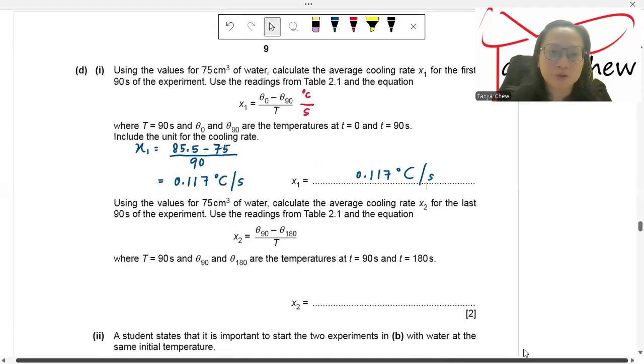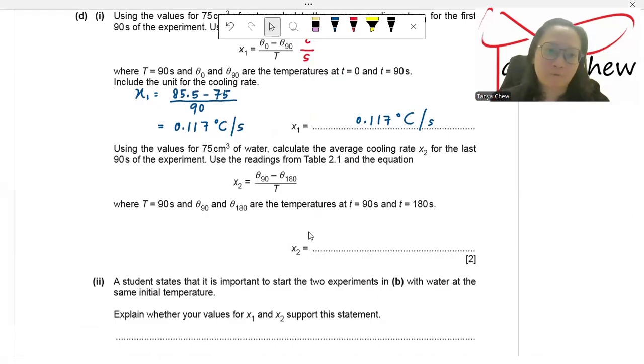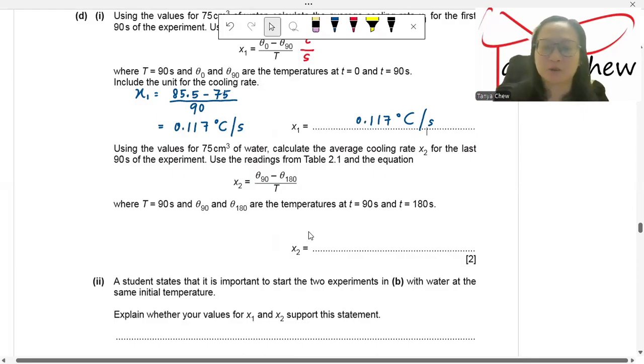Now, using the values for 75 cm cube of water, calculate the average cooling rate, X2, for the last 90 seconds of the experiment. Use the readings from table 2.1 and the equation X2 equals theta 90 minus theta 180 divided by t, where t is 90 seconds. Theta 90 and theta 180 are the temperatures at t equals 90 seconds and t equals 180 seconds. It is still 75 cm cube of water, right?